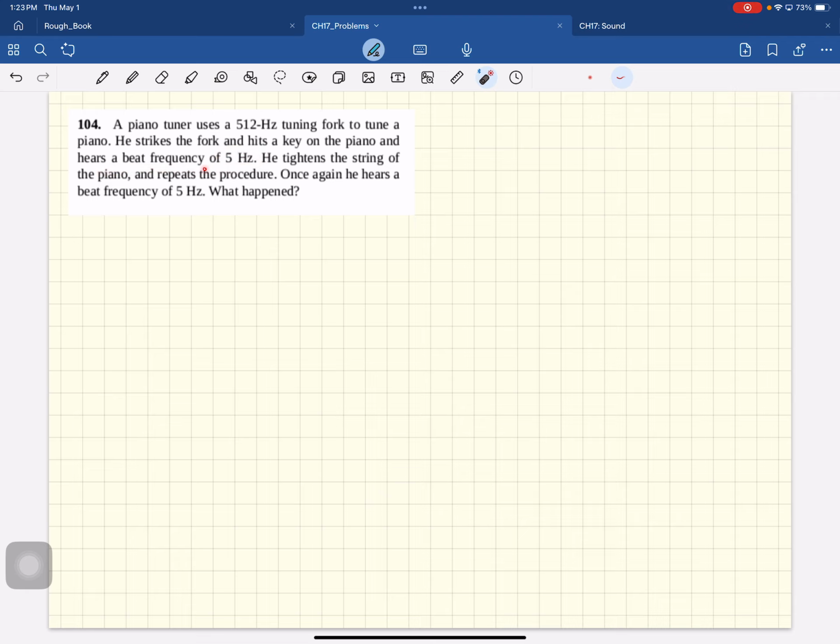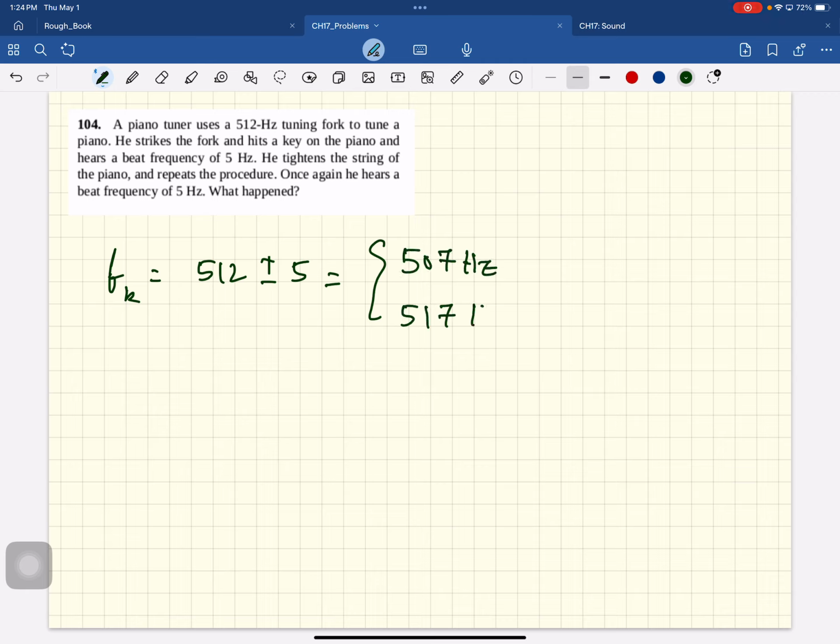So the key could be playing 517 hertz or 507 hertz, because the difference is the beat frequency. The key frequency is either 512 plus or minus 5. They both will give the same beat frequency.